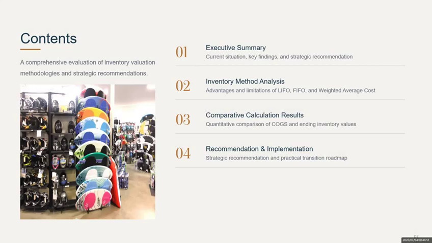Third, quantitative comparisons are conducted to derive the calculation results for operating cost and ending inventory under each method. And finally, the implementation recommendations and specific action plans are proposed, completing the closed loop process from analysis to decision making.